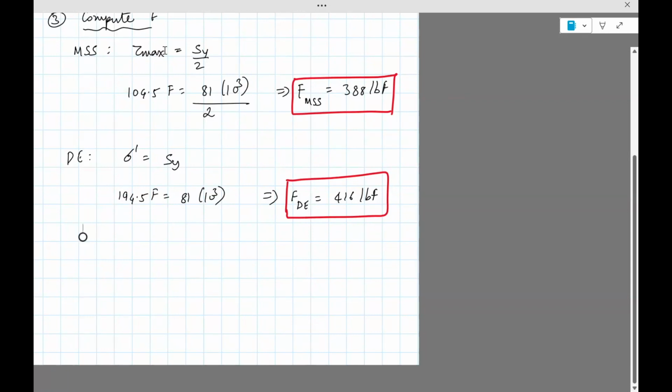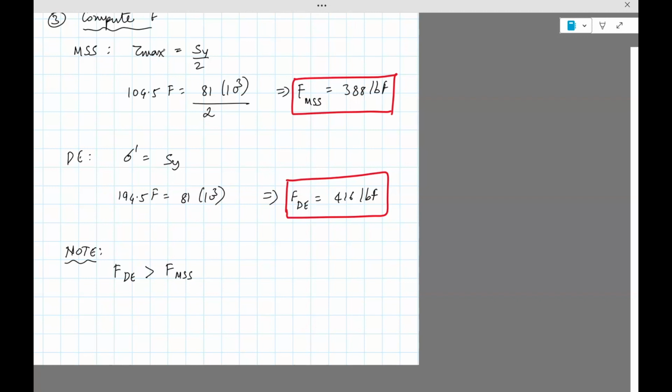But let's see something which came out from this calculation. The loading is the same for both stress theories. We computed the net force and found that the force due to DE is greater than the force due to MSS. That is saying you can apply a lot more force for distortion energy than you can with maximum shear stress theory. In other words, maximum shear stress theory is being more conservative.